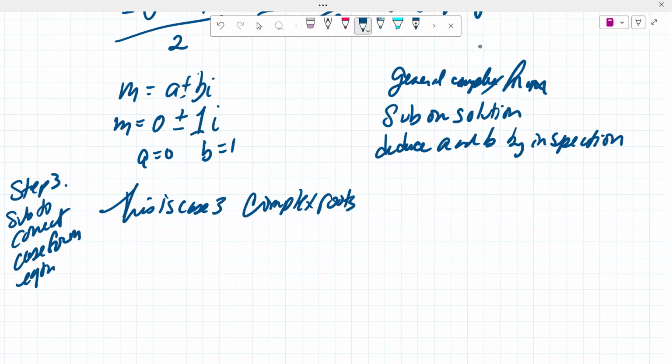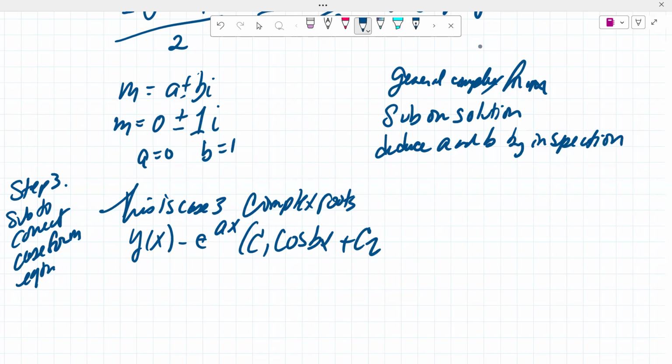So the solution is going to be this generalized form, y of x equals e to the ax, c1 cosine bx plus c2 sine bx. This is the general form for the complex roots.